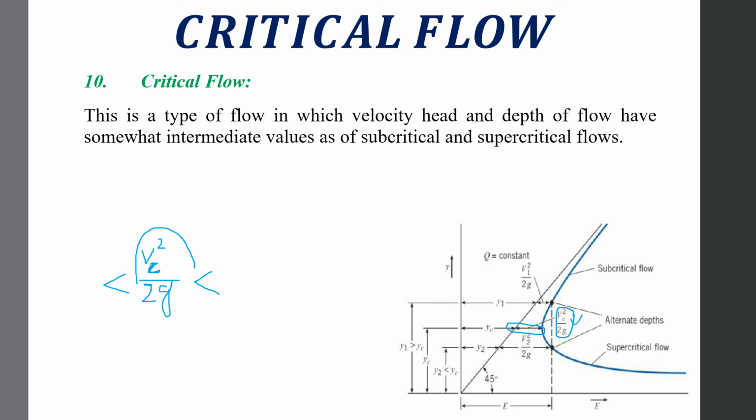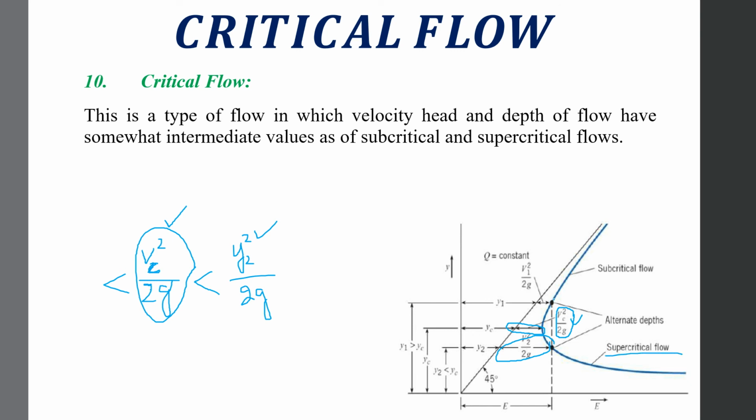This value is less than what value? You can see here, this is only this length, and this box v2 square over 2g is greater than vc square over 2g. It means that the velocity head for critical flow is less than the velocity head for supercritical flow.